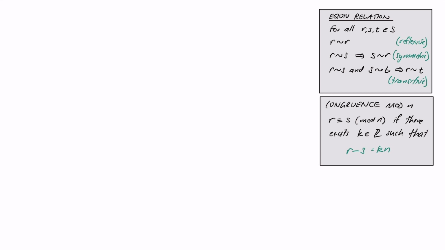Here we go again. So for our transitive property, this time we've got two things to assume. So suppose R is equivalent to S mod N, and S is equivalent to T mod N. Now, what we have to do is use the definition of congruence mod N to get these integers k that we can work with.